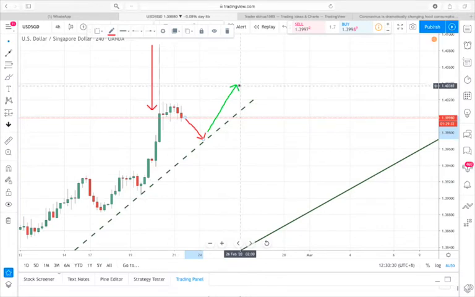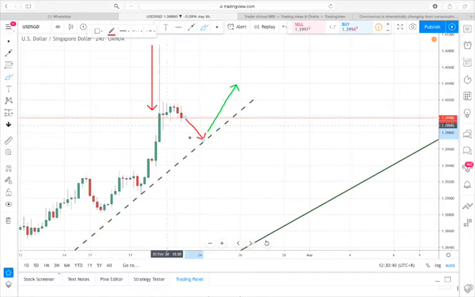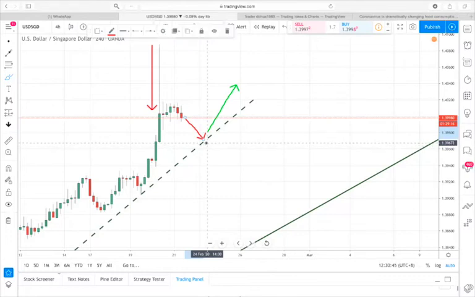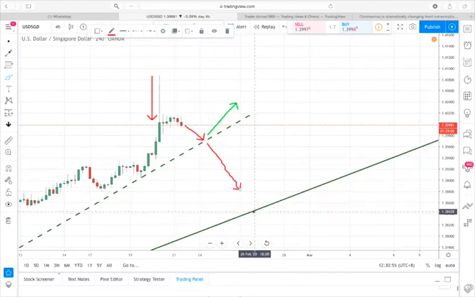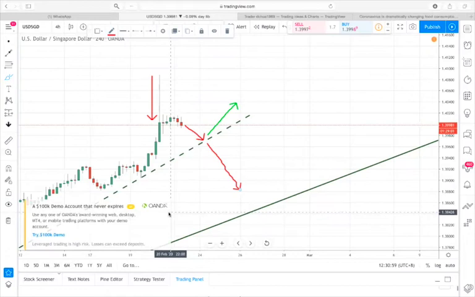Otherwise, if the sellers are coming in aggressively, then after hitting down here, it can also fall back down. How far? It all depends. The ultimate, of course, will be the breaking of this trend line. That is what you want to avoid.